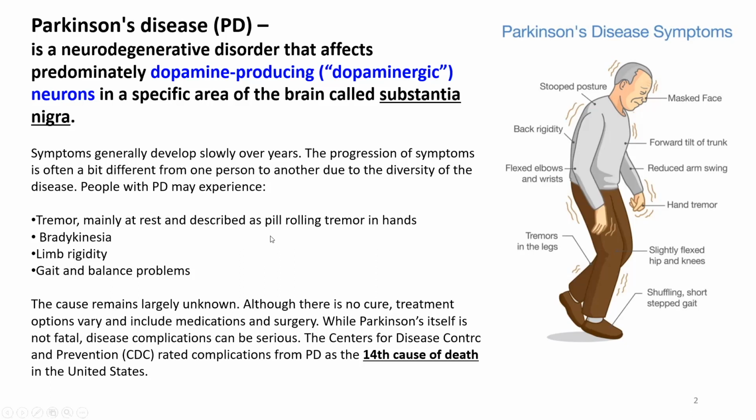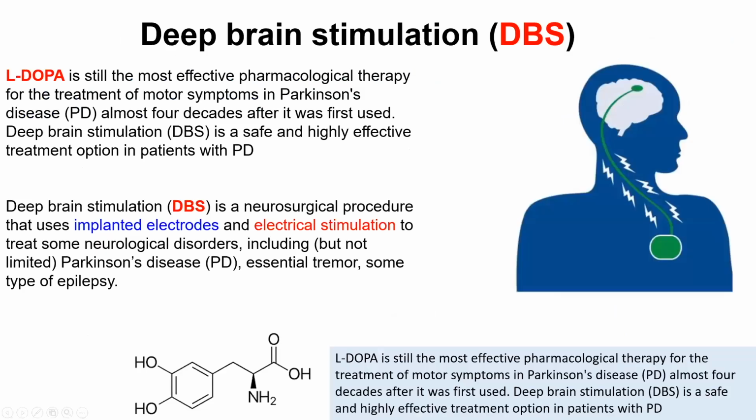And the first line drug or chemical agent to suppress symptoms of Parkinson's disease is L-DOPA, which is still the most effective pharmacological agent for the treatment of at least motor symptoms in Parkinson's disease, almost 4 decades after it was first used. It's a very classical medicine.